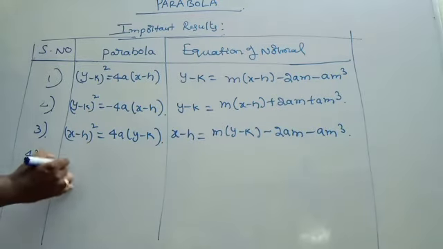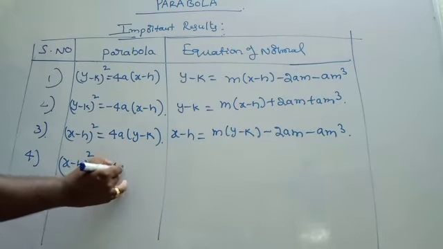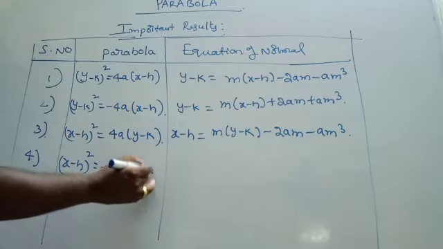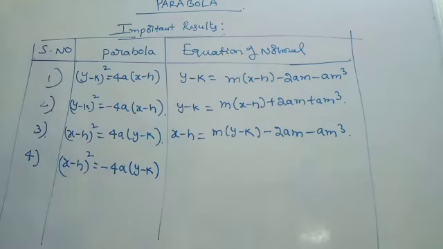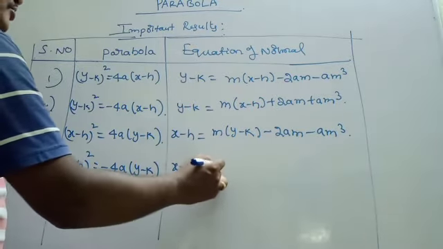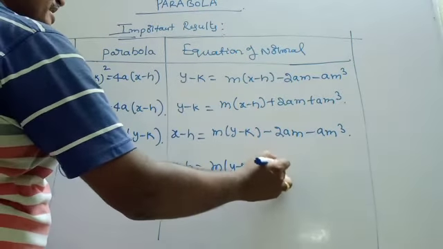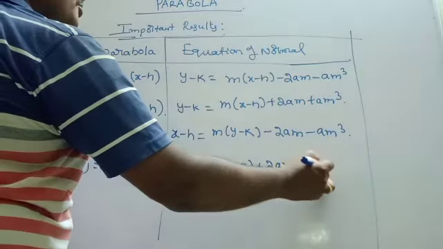Number 4: (x minus h) whole squared equals minus 4a times (y minus k). For this parabola, the equation of the normal is x minus h = m times (y minus k) plus 2am plus am cube.